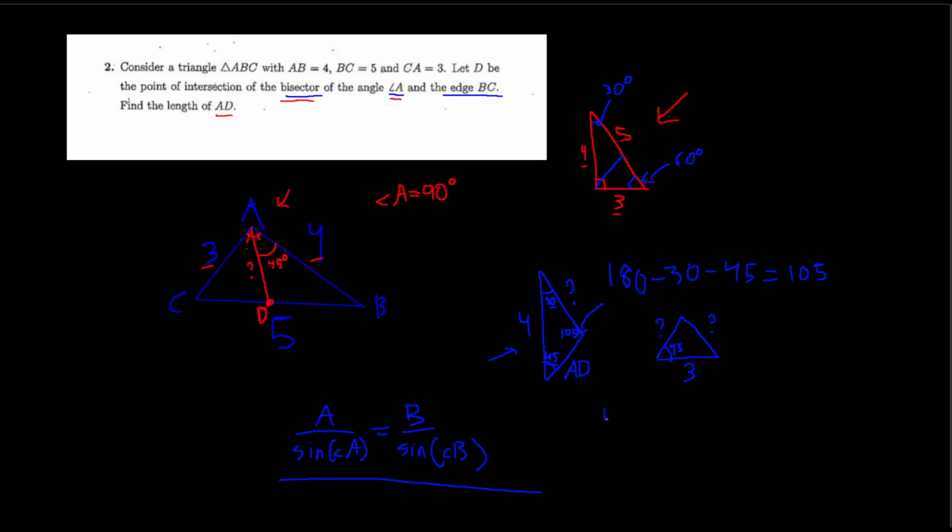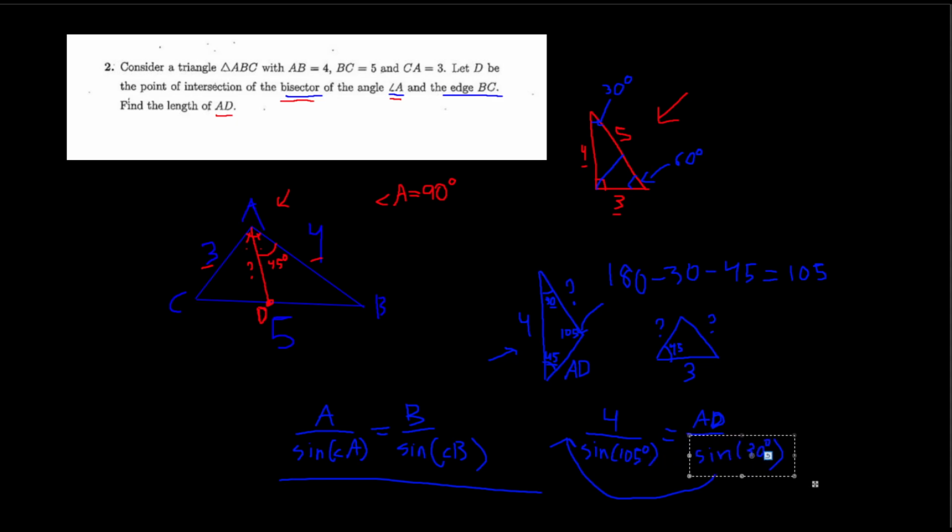So we know that 4 over the sine of 105 degrees, and this is all in degrees, is equal to AD over the angle that's across from it, which is 30 degrees. So sine of 30 degrees. So what we can do is multiply this over and move it.